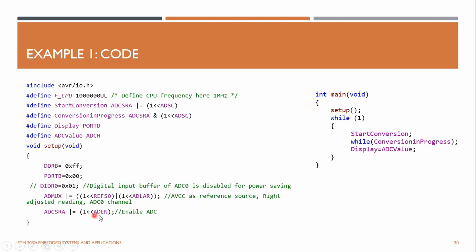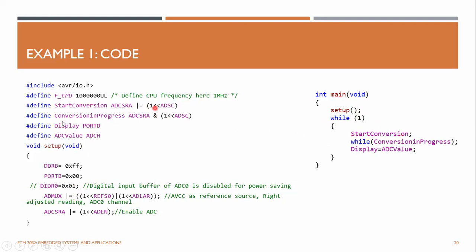Finally, you have to enable the ADC by writing ADEN as 1 in the ADCSRA register. So all this is set, and you have enabled the ADC. Now you go to the main function, calling the setup and done the job, and go to the while loop, and call the start conversion.